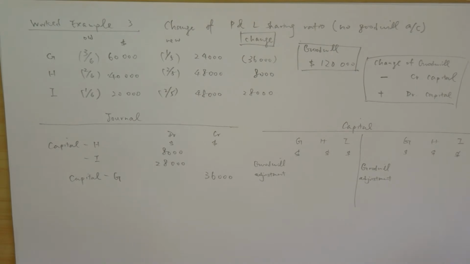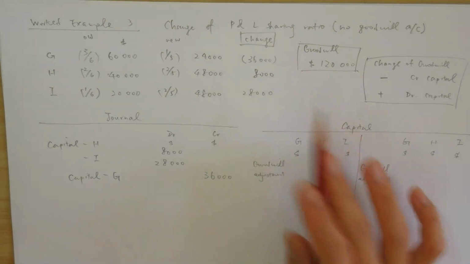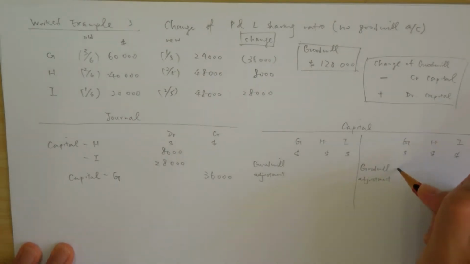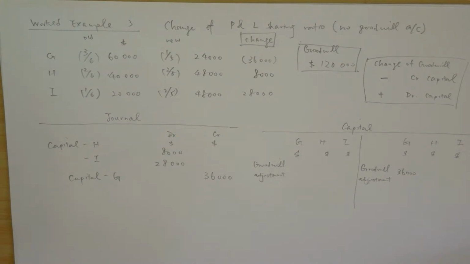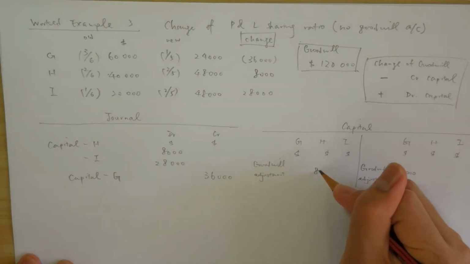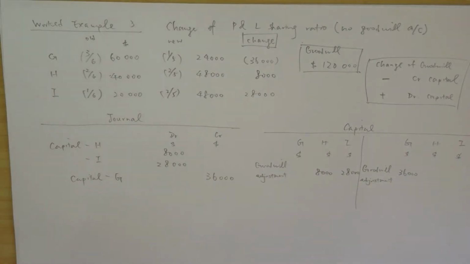And remind you one more time, for the negative, we credit the capital. That means for G, we will credit it by 36,000, and for H and I, we will debit it 8,000 and 28,000 respectively for the goodwill adjustment.